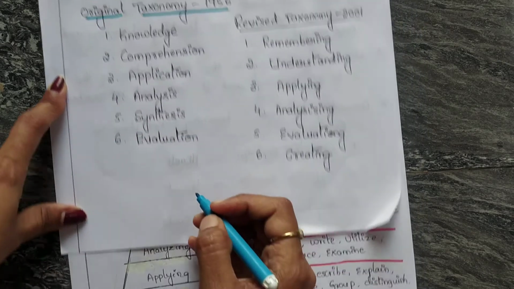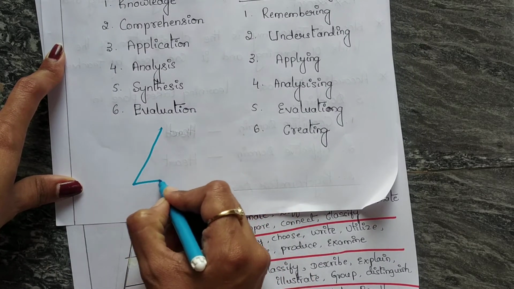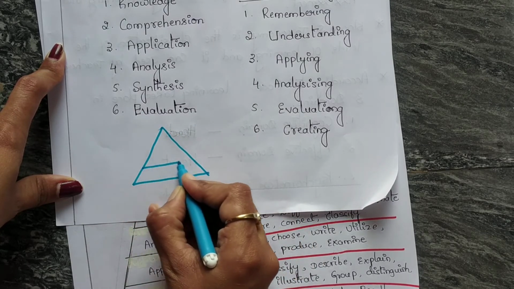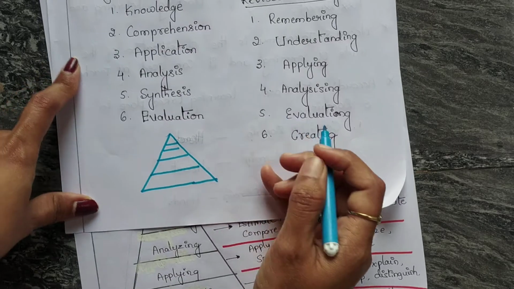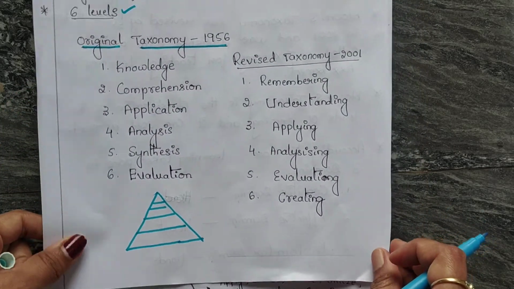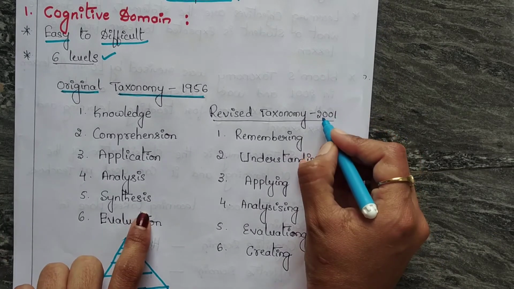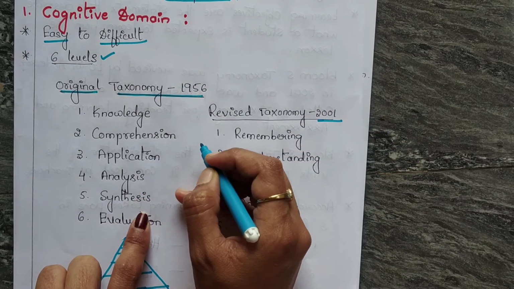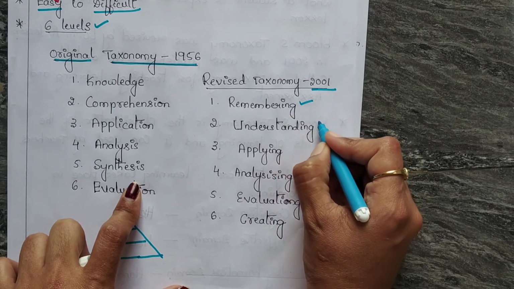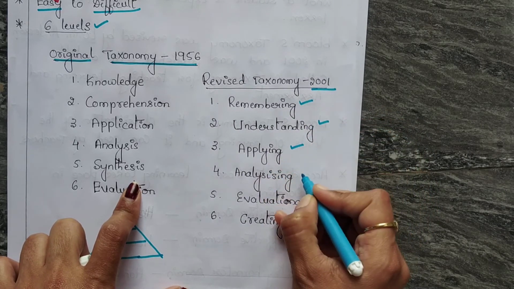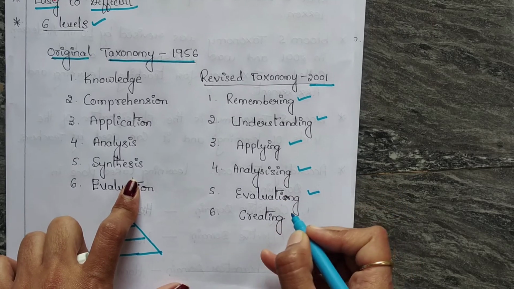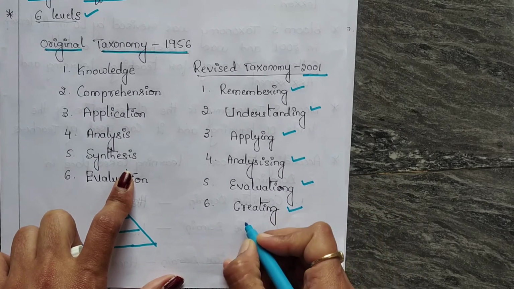They represent it like this in a hierarchy, but I have just given it like this to simplify. Next, the revised taxonomy in 2001: first is remembering, second understanding, third applying, fourth analyzing, fifth evaluating, and sixth creating.